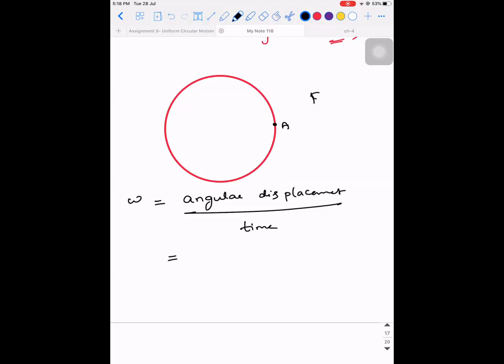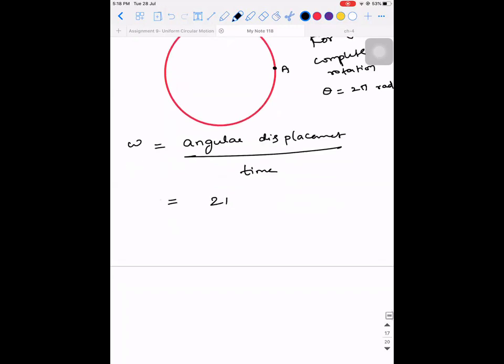So for one complete rotation, theta is equal to 2 pi. Can I write it as 2 pi radian? Right. So angular displacement is 2 pi, and what is the name given to the time taken to complete one full rotation?